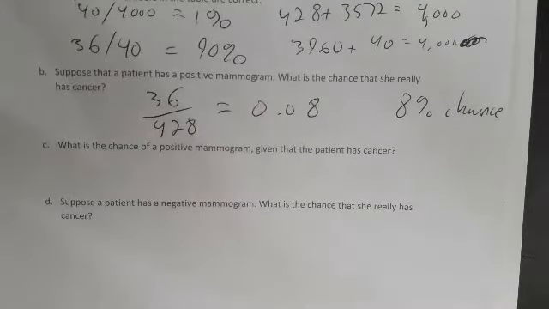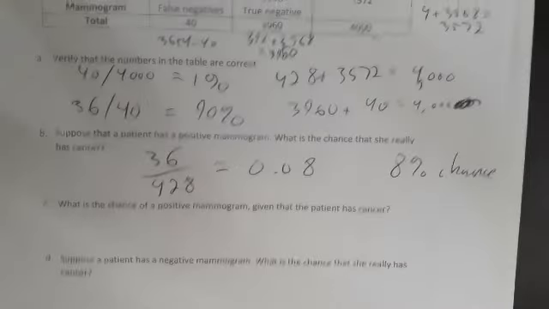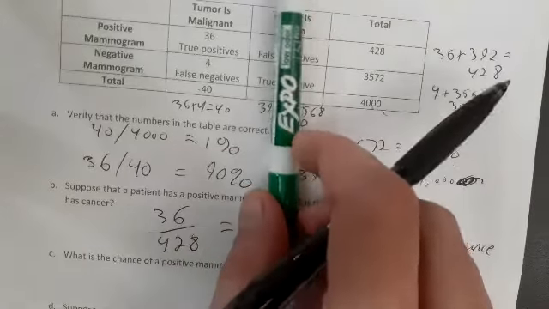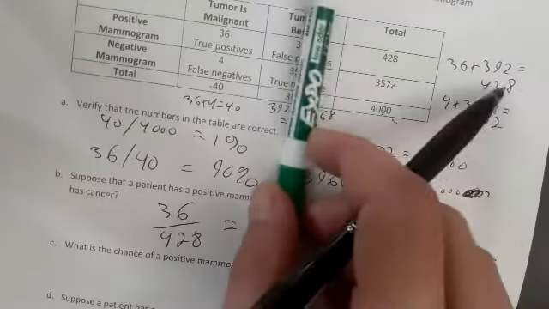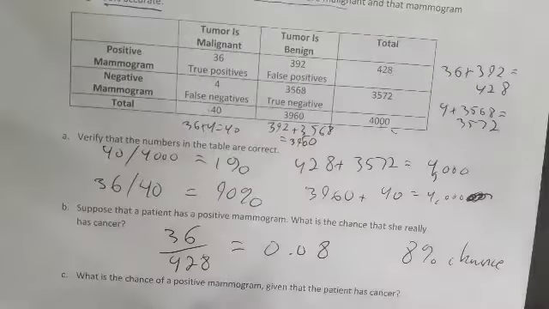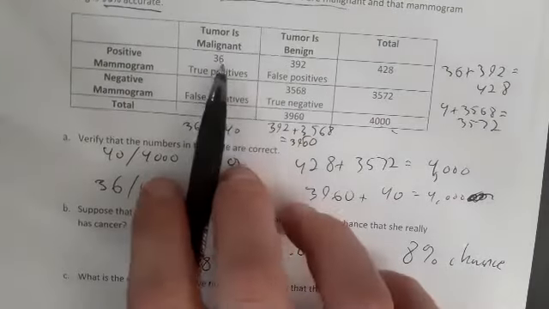What is the chance of a positive mammogram given that the patient has cancer? Now the thing that we're given is that they have cancer, which means their tumor was malignant. So we're not looking here, we're not looking here. We are just looking at this first row. We know it is in the tumor is malignant column. We're looking along here. What is the chance that they had a positive mammogram?